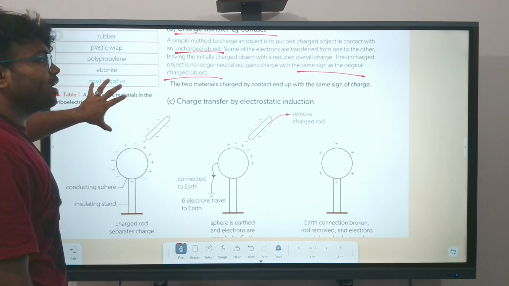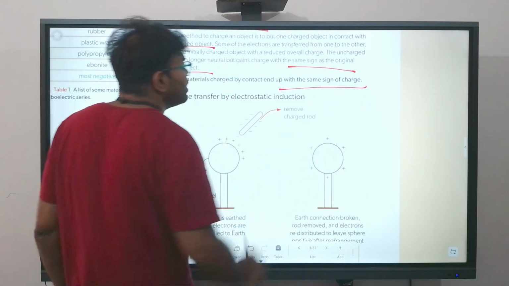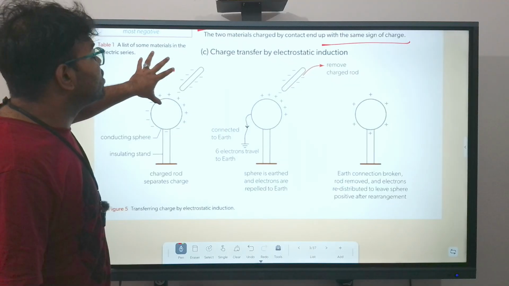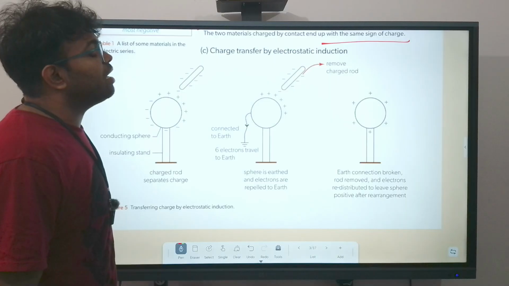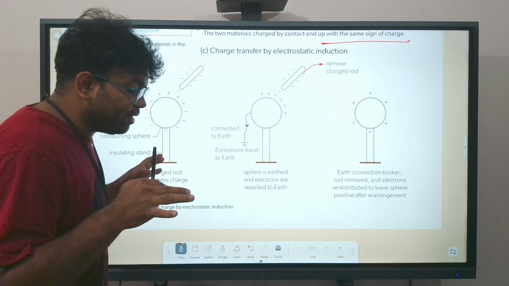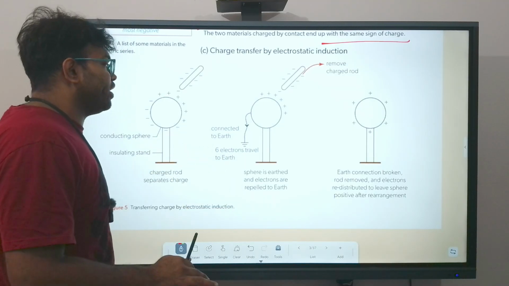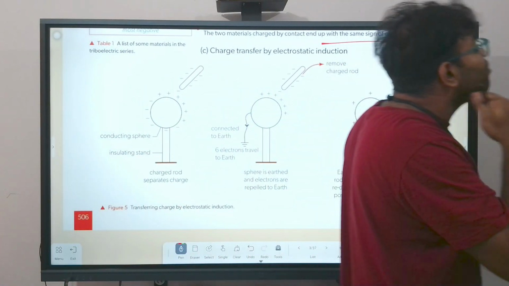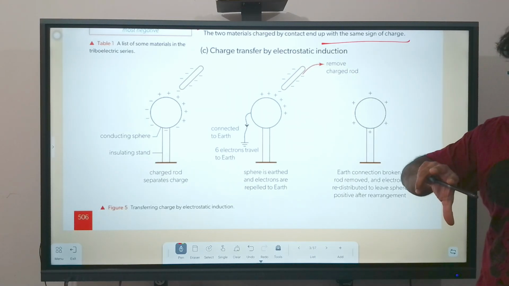Materials charged by contact end up with the same sign of charge. They end up having the same charge. Now look at this. Now the third is charge by electrostatic induction. It is also induction only, but here we are trying to create a charge on the object.